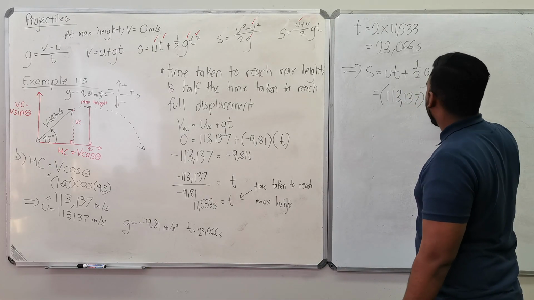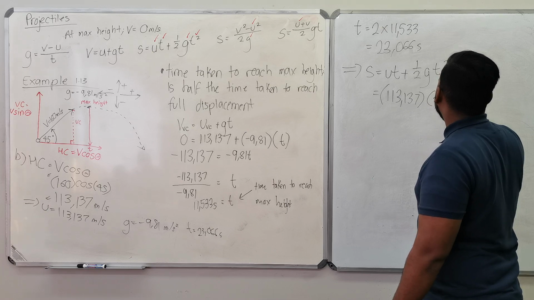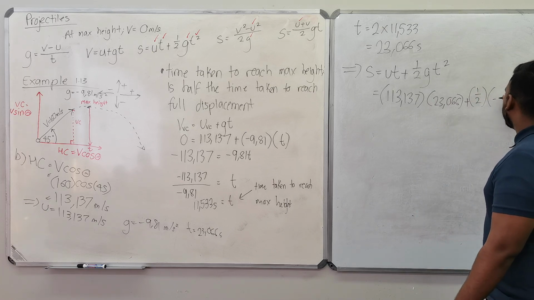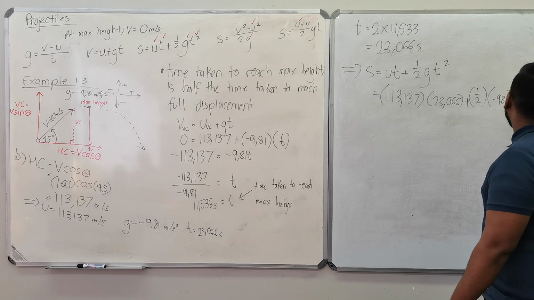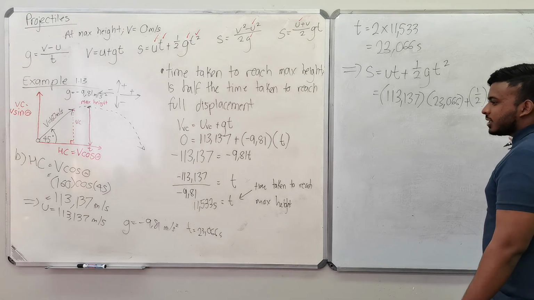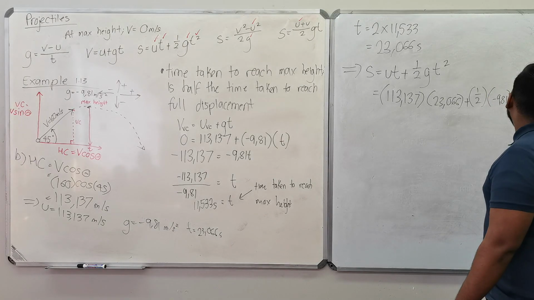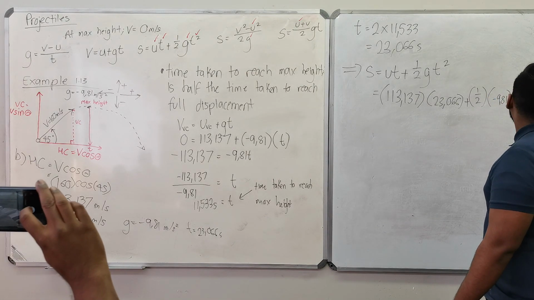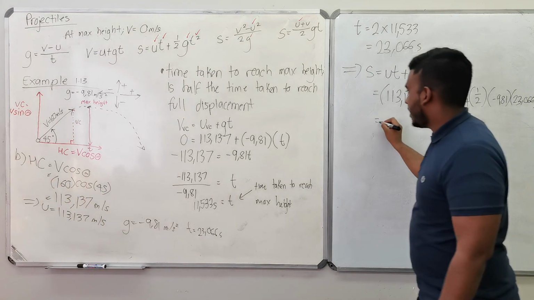Substituting your values, your initial velocity is 113.137 times 23.066 plus half times minus 9.81 times 23.066 squared.